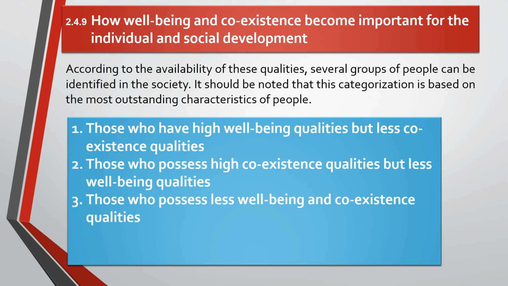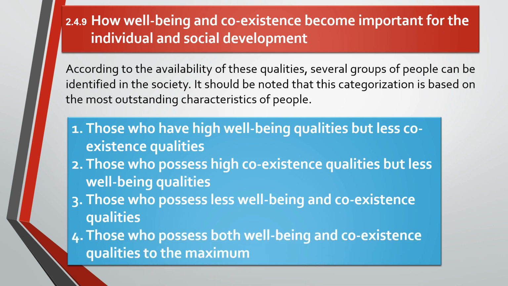And now we will see the fourth category, those who possess both well-being and coexistence qualities to the maximum. These people earn well through just and legal means, not illegal. So they get income from legal sources.